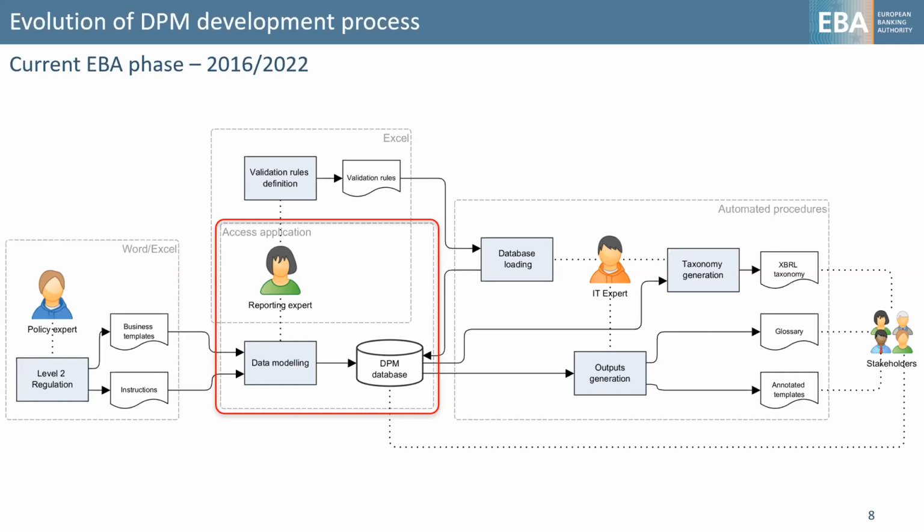Everything was now transferred into the control of the business experts that are in charge of developing the DPM, and the IT side would continue with some additional validations, and then with the definition of the taxonomy. So this is basically where we are now.